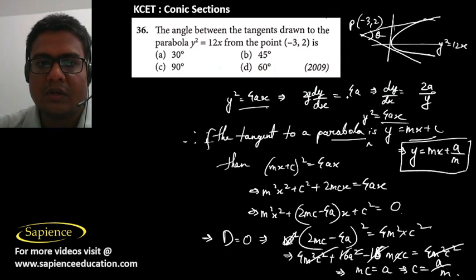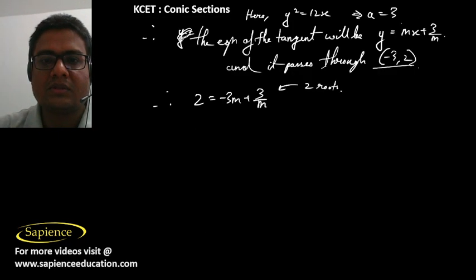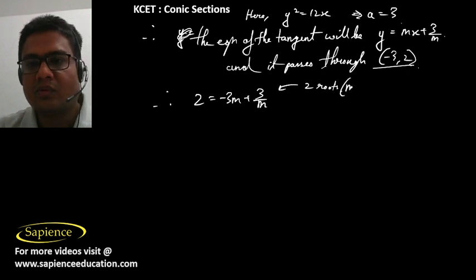And if we have to find the angle between the tangents, it will have two roots, m1 and m2.